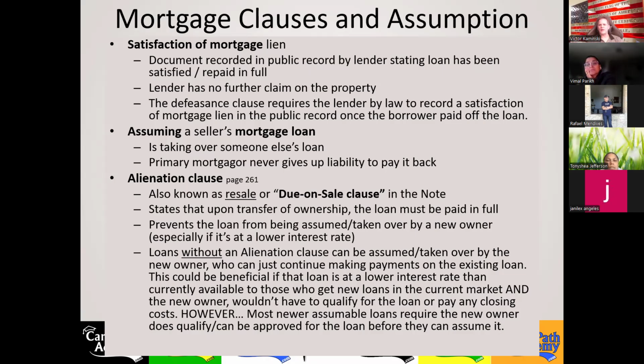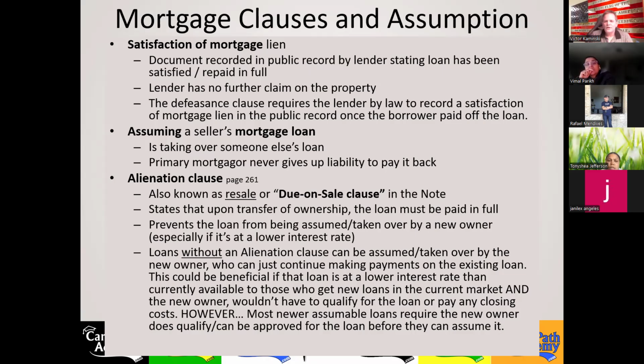That means you could just take over my mortgage payments. But if you fail to make the mortgage payments, I'm still liable to make them to the lender. It's kind of like a sublease. If the person you're subleasing to doesn't make the lease payments, you're still liable because you're the primary lessee. So it's the same kind of scenario, but with loans. He's just taking over someone else's loan.